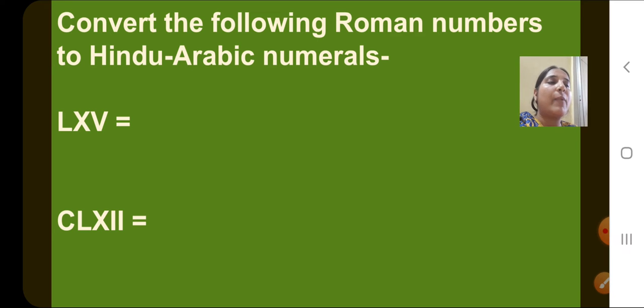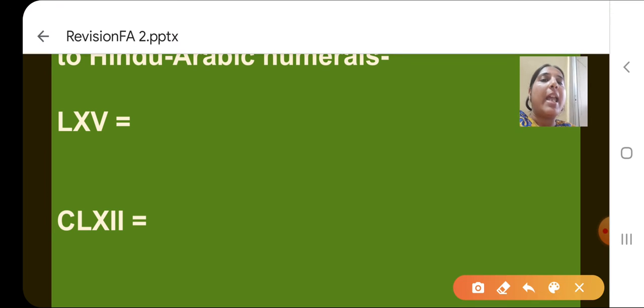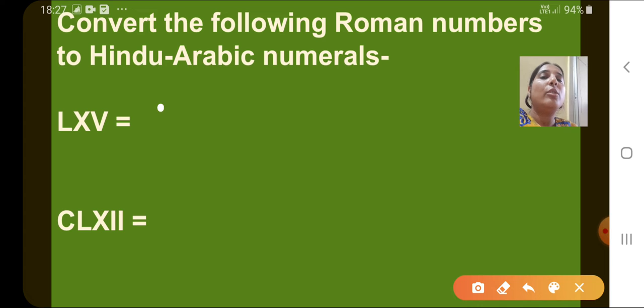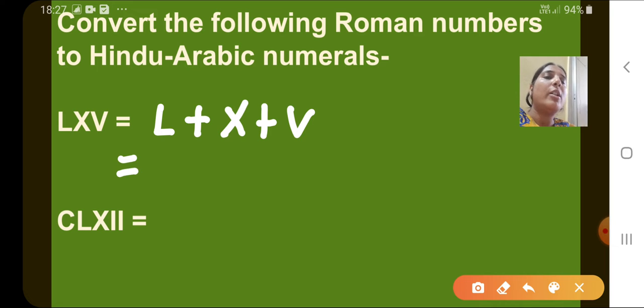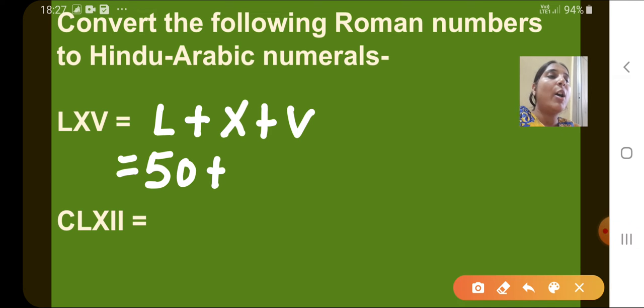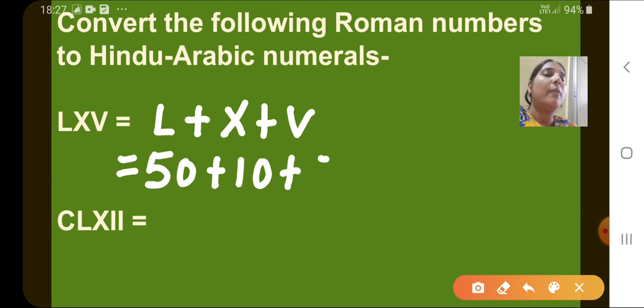So let's take the first number, that is LXV. We can write it as L plus X plus V. Now can you tell me what is the value for L? Yes, it's 50. Then X stands for 10 and V stands for 5.